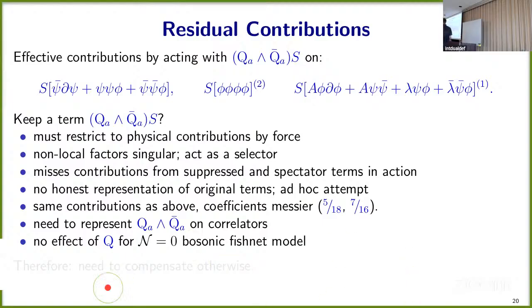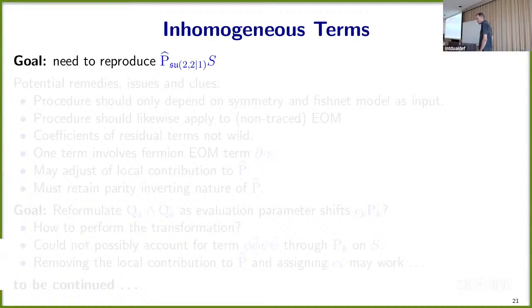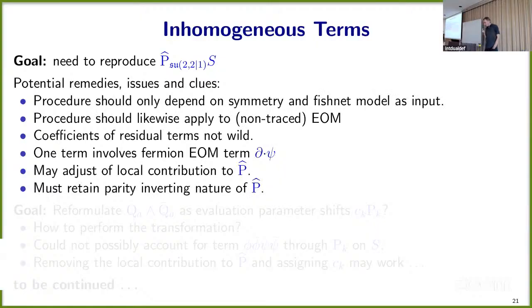And some terms like these, you can represent them in this n=1 fishnet model, but certainly not in the biscalar fishnet model, because this is a supersymmetry. It translates between bosonic and fermionic fields. You stand no chance. So we need to compensate otherwise, and the goal is somehow to reproduce the terms that you get from the subalgebra.